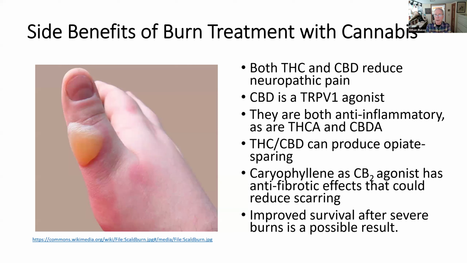We know that THC and CBD can produce opiate sparing. If there's caryophyllene present, it's a CB2 agonist and would have antifibrotic effects that could reduce scarring associated with burns. I think that this is a very promising technology for the future with likelihood of improved survival.